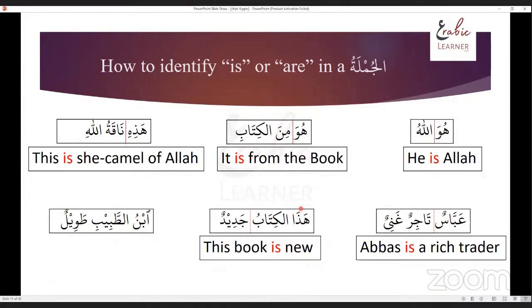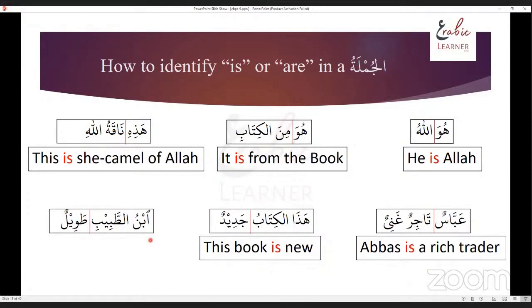After tabibi, break. Why, sister? What's the reason? Mudaf ilayh. Well done. Son of the doctor. Ibn tabibi, mudaf ilayh.